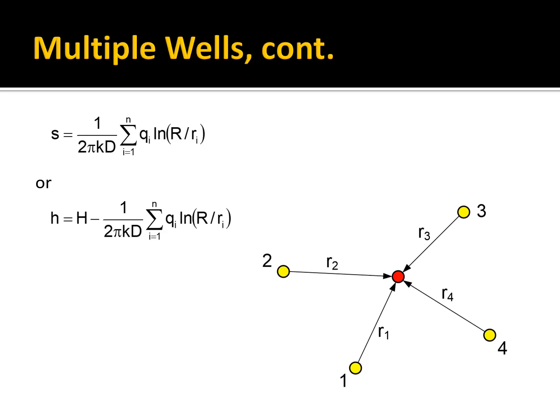So it's a really handy way to basically develop a model of your aquifer just using these simple equations. Now, of course, this assumes that we have a uniform thickness and homogeneous soil and so forth, but this is a really useful application of these well equations.